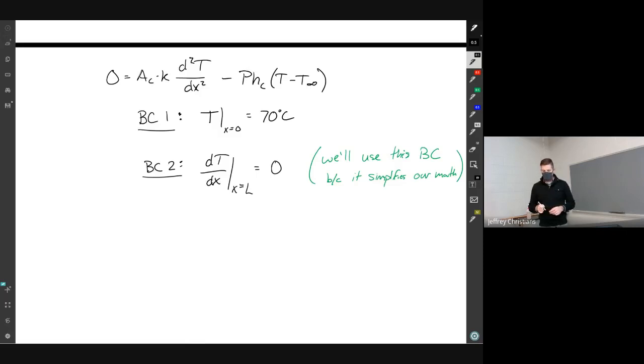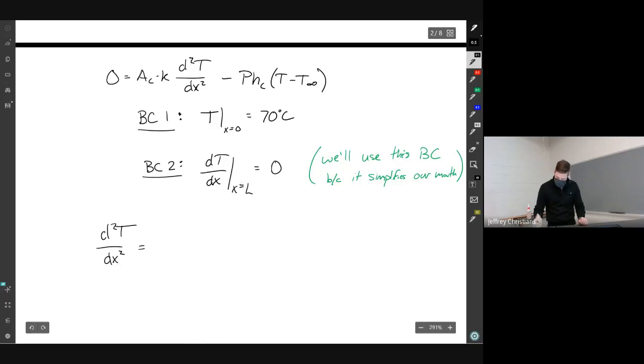So our first step can be just looking at d squared T dx squared equals P h_c over A_c k (T minus T infinity).